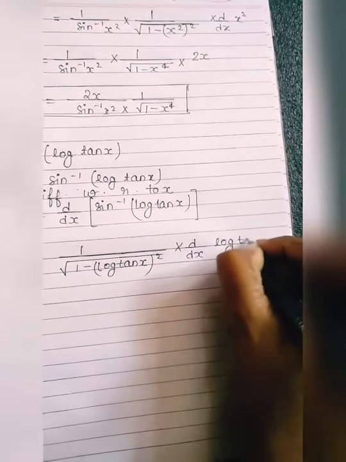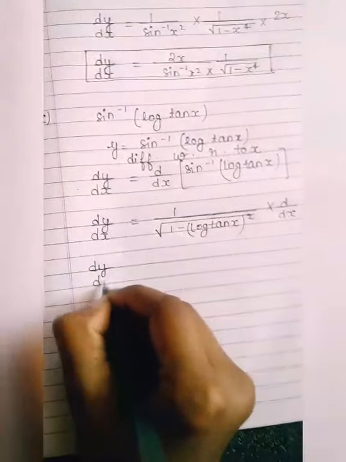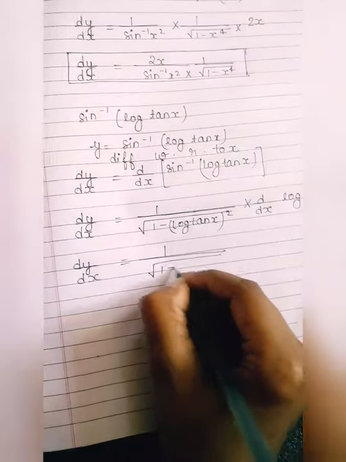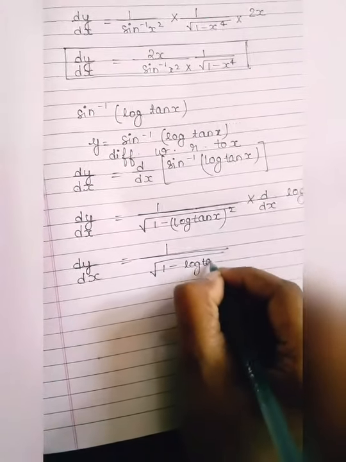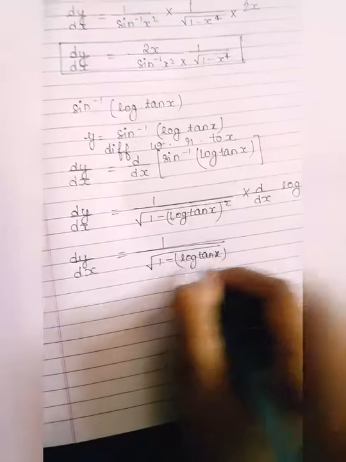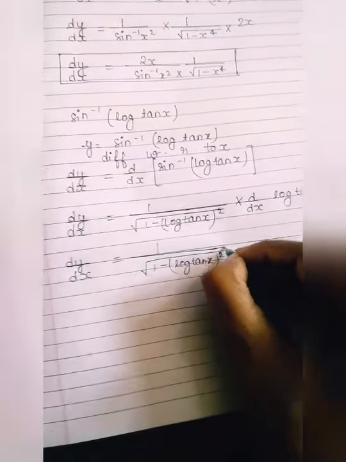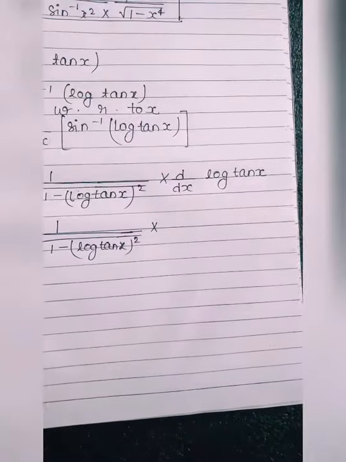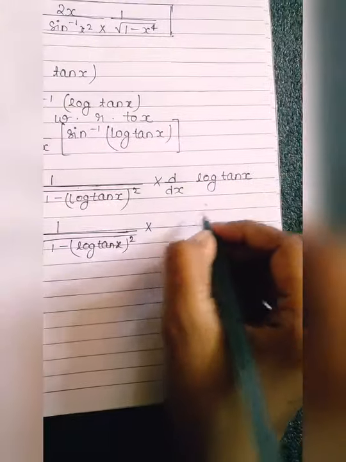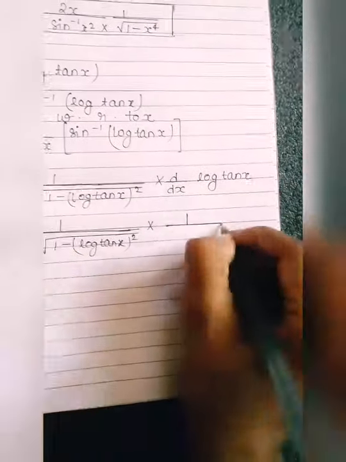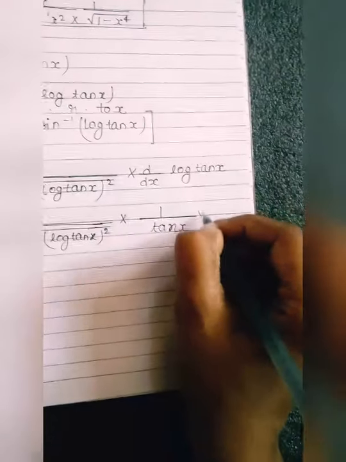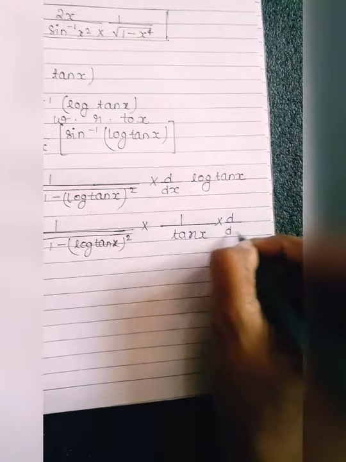So dy over dx is equal to 1 over under root 1 minus log tan x whole square into, again we know the formula of differentiation of log x is 1 upon x. Here x is tan x. Again guys, we have to differentiate tan x also.